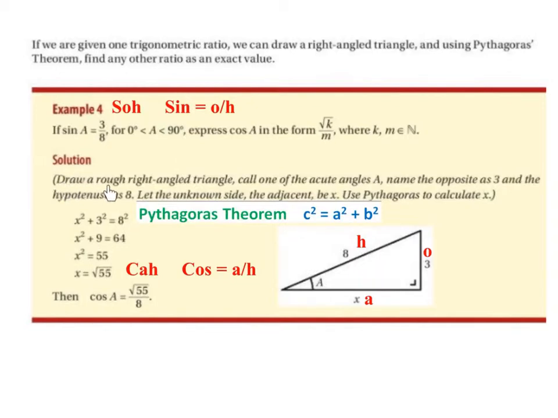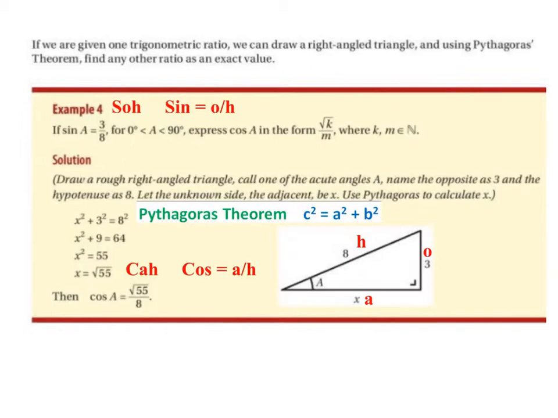So we're going to draw a rough right angle triangle, call one of the acute angles A, name the opposite as 3 and the hypotenuse as 8. So here's our right angle triangle. We're going to label one of the acute angles as A, so basically this one or this one, just not the right angle.